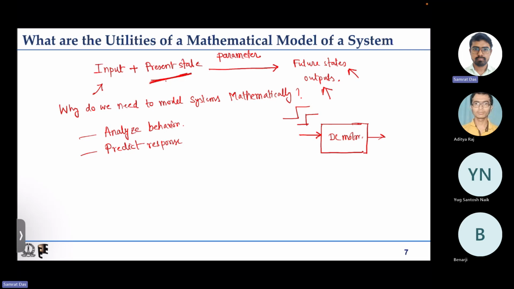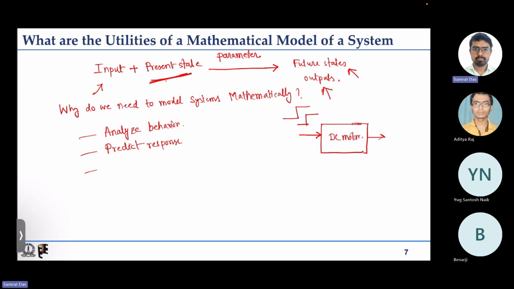So it's always good to analyze behavior or predict the response of the system with the mathematical model, rather than applying some inputs in the physical system and observing its outputs.